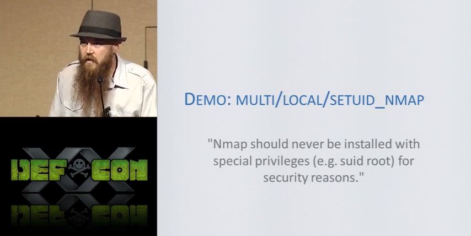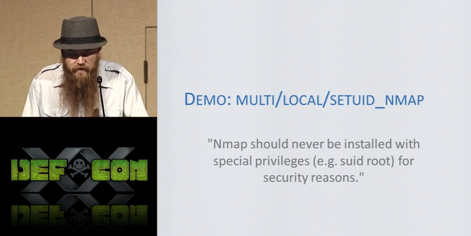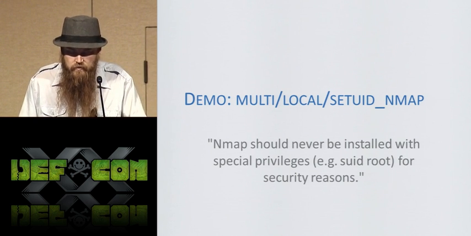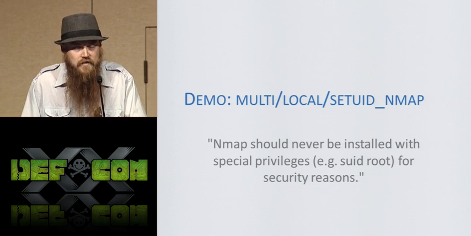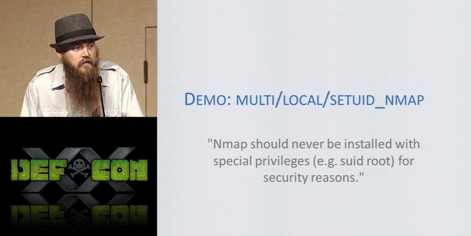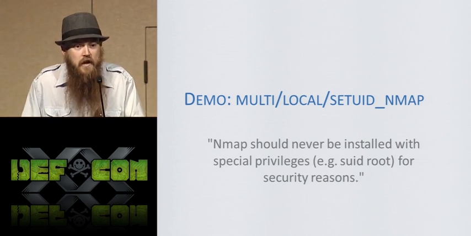Nmap in its man page has this quote right here: Nmap should never be installed with special privileges, e.g. suid root, for security reasons. And some friends of mine mentioned that that happens more often than you think. You find boxes with Nmap installed suid root.